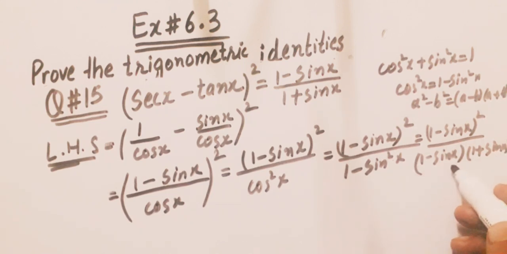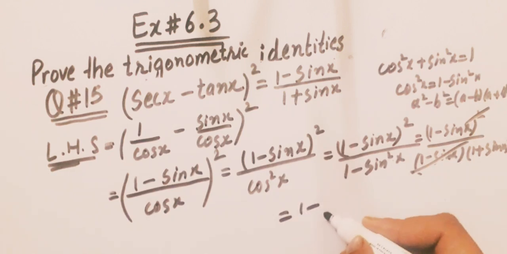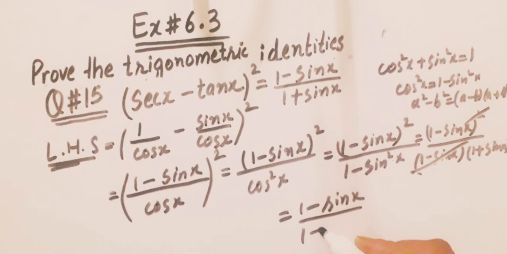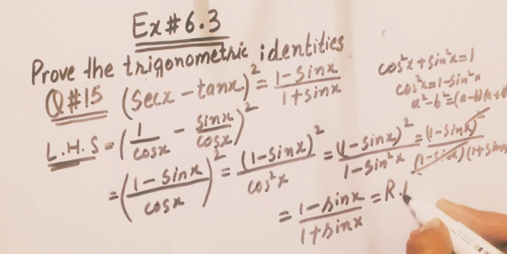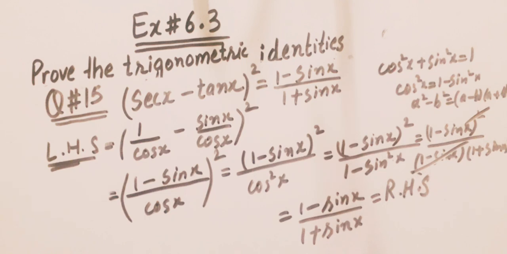So 1 minus sin x will be cancelled out, and we will have just 1 minus sin x by 1 plus sin x. So this is equal to the right hand side. We have proved left hand side is equal to the right hand side.